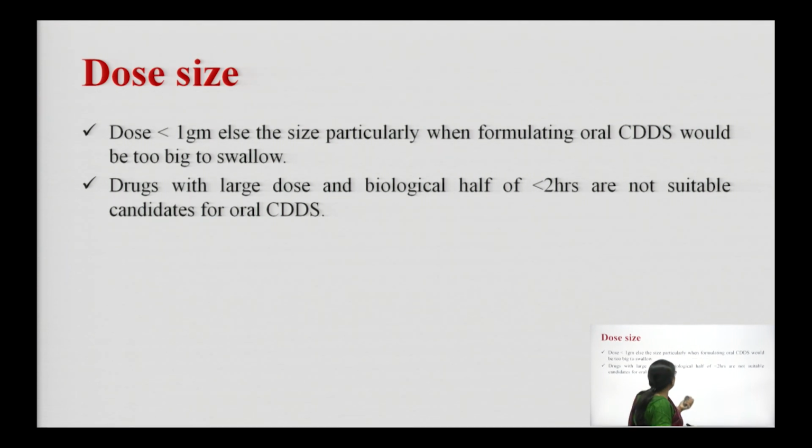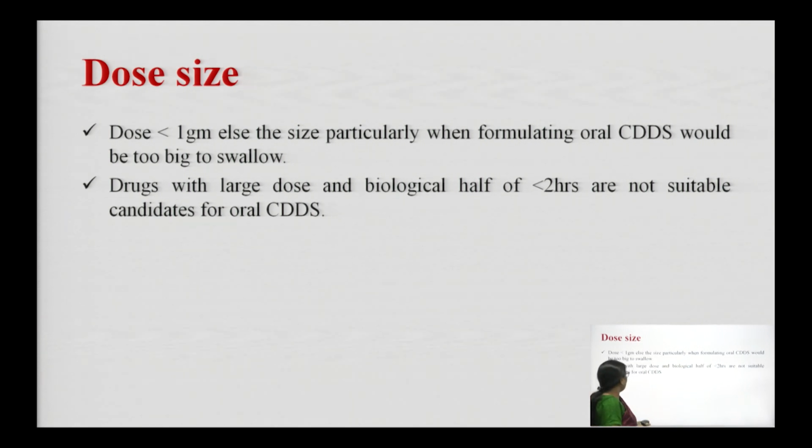So, if the dose is less than 1 gram, then the drug candidate will be suitable for formulating controlled drug delivery systems. If the dose is larger than 1 gram, then the resulting system would be too large to swallow. Thus, drugs with large doses are not suitable for formulating controlled drug delivery systems.